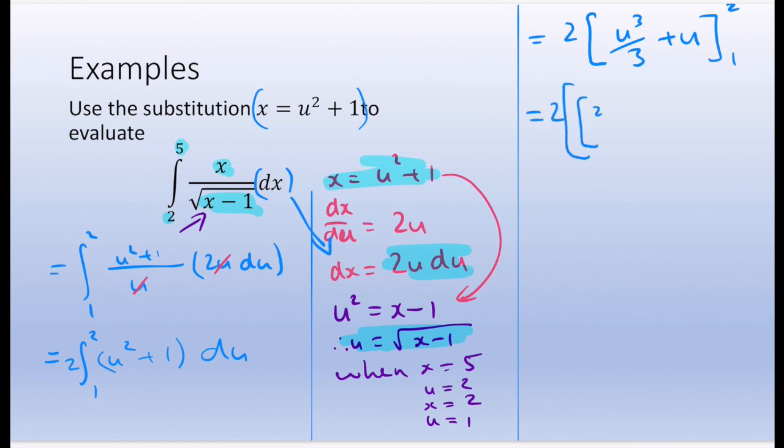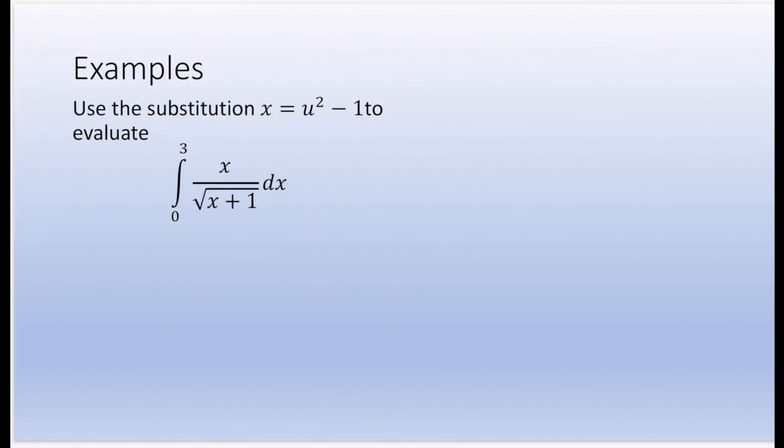It's going to be 2 cubed over 3 plus 2, minus 1 over 3 plus 1. Now, when we sort all that out, it should end up being 20 over 3. Okay? Hopefully that makes sense.